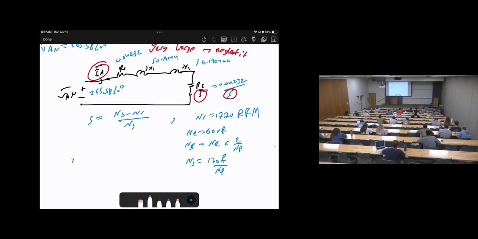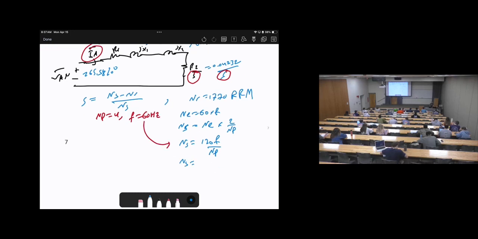Do we know the number of poles? Yes, given in this question, number of poles equals 4, frequency equals 60 Hertz. So we can plug this in. Then NS will be 120 times 60 over 4, so it will be 1800 RPM.